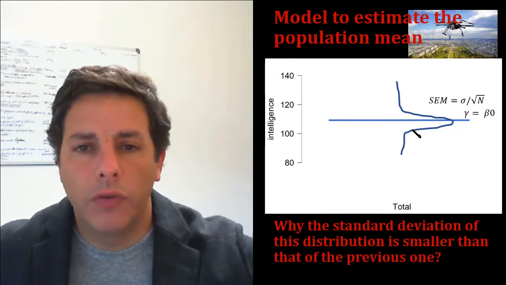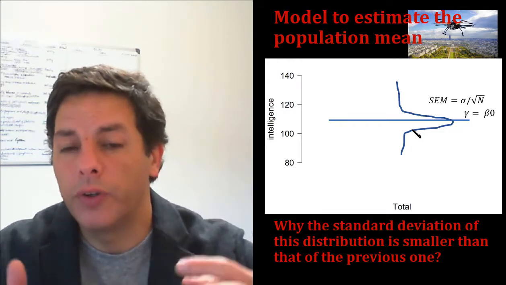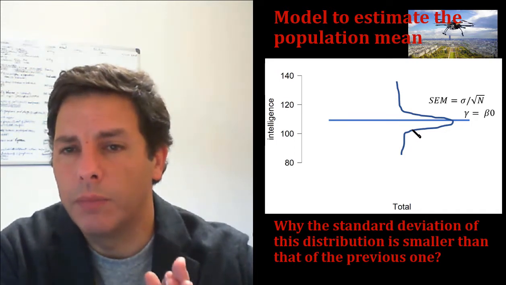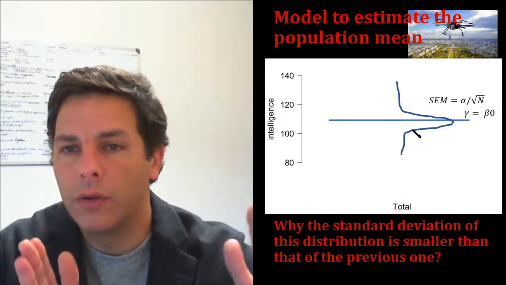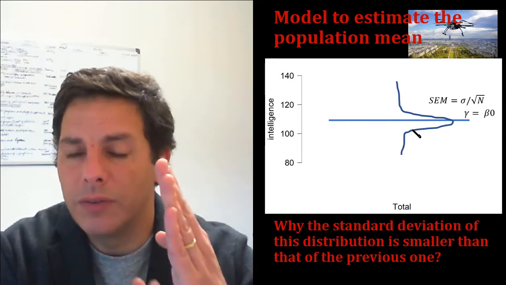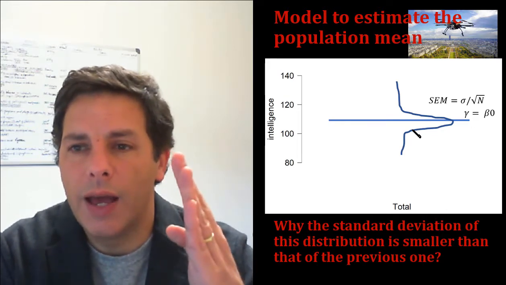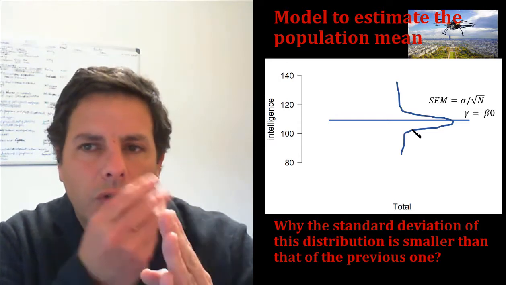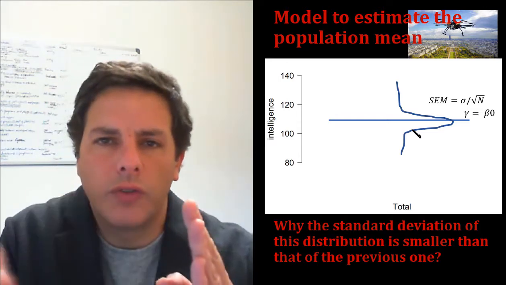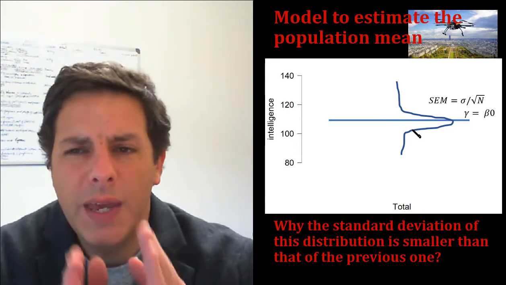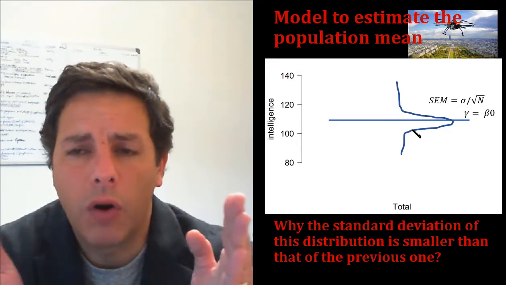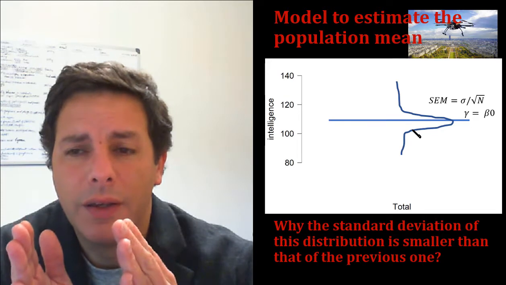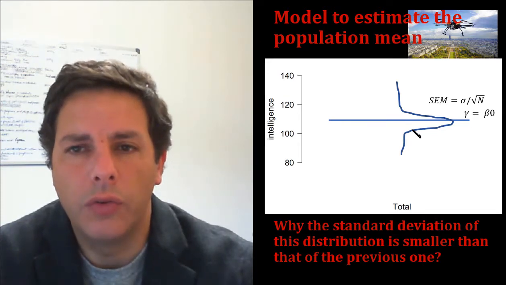But if you have to predict the mean of a sample, those means are already summaries that sort of eliminate the more extreme values. So the means are closer to the mean than individual values.